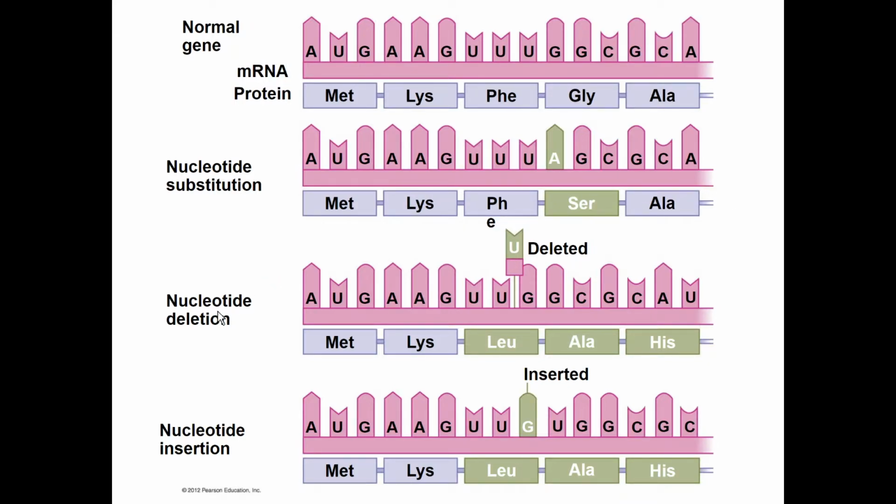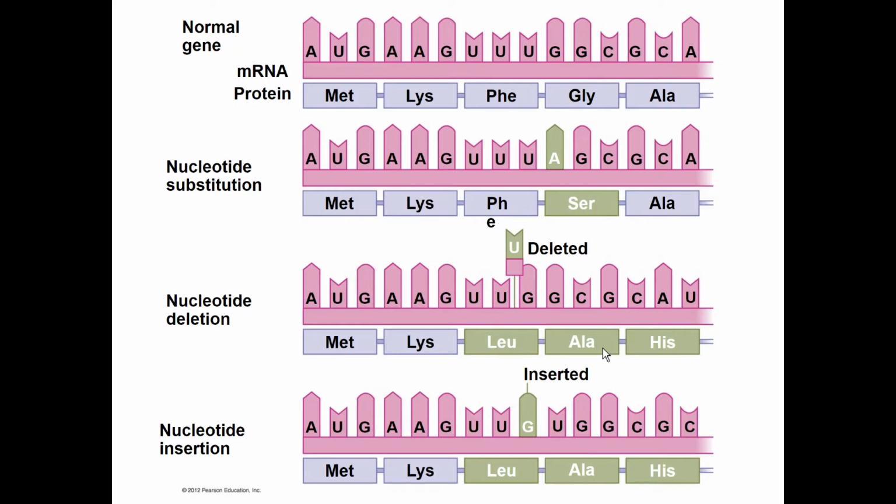Now we want to look at a nucleotide deletion. When you delete something from the code, we start to see that there are a lot more issues that can arise. So for instance, we deleted uracil from our mRNA. Why is that such a big issue? Well, because we deleted that, everything gets shifted in one direction, and it changes everything that comes afterwards. So before we have met and lyse, which are the same as our original, but now we have a different amino acid here.